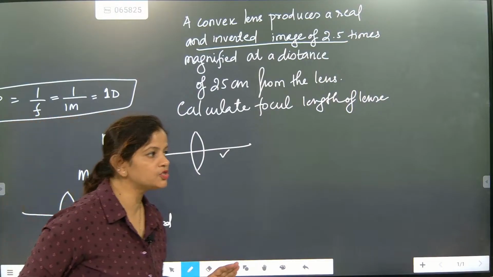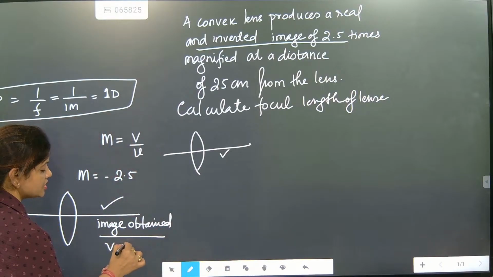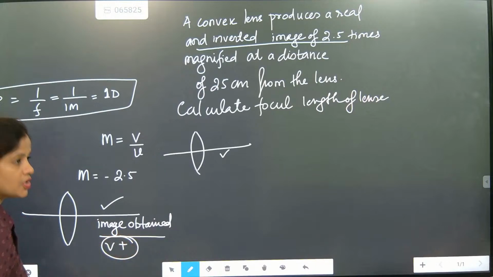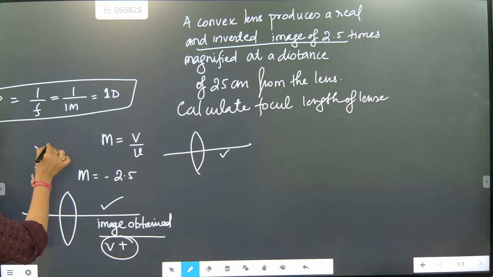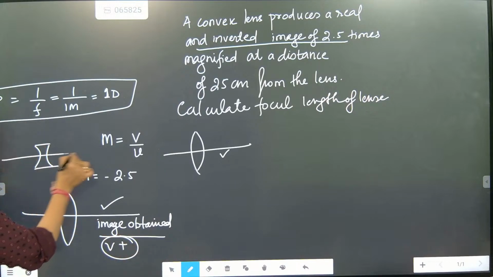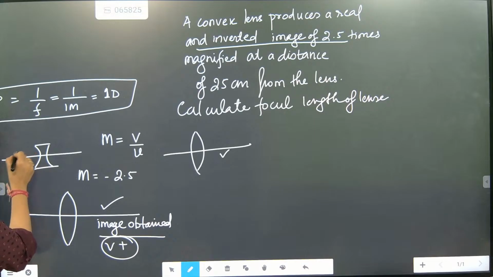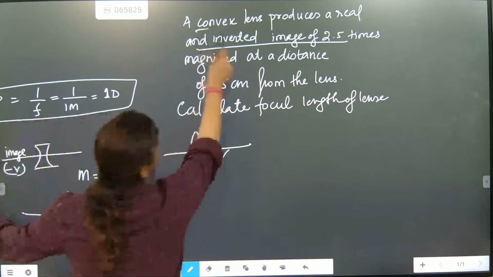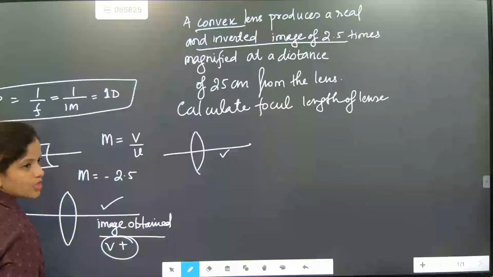I hope you have understood. So, beta, v will be positive. But for a concave lens, the image is obtained here. So v will be negative. Did you get my point? So here, convex lens written means v will be positive.